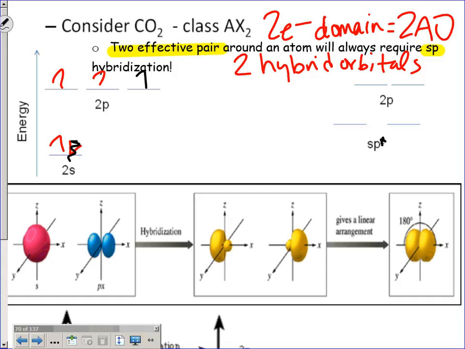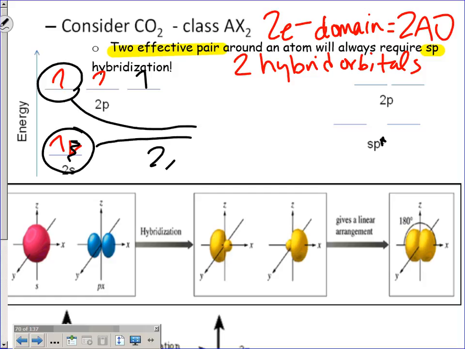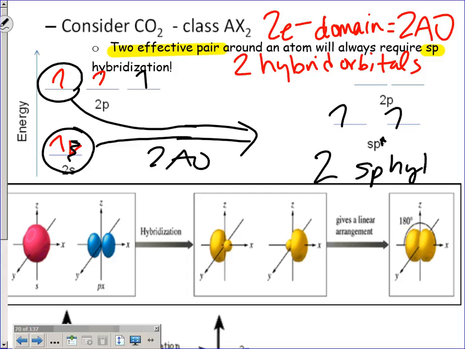You take your low energy level S and 1 of your P's, those are your 2 atomic orbitals. You hybridize them, putting them in an intermediate energy level between the 2 energy levels here, and we call those sp hybridized orbitals, because what orbitals came together? S and P. We call them 2, because there's 2 of them, sp hybrid orbitals.